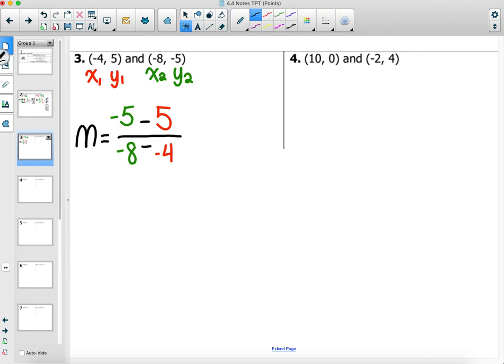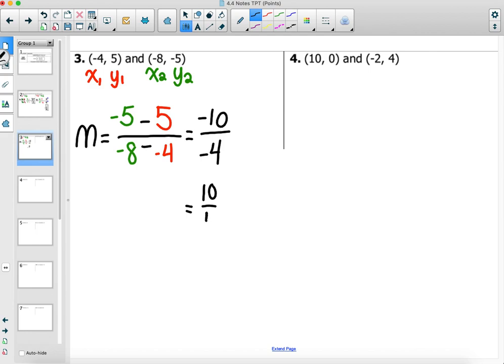We look to simplify the top first. Negative 5 minus 5 is negative 10. Then we simplify the denominator, the bottom part. Negative 8 minus a negative 4 gives me negative 4. And then what I'm able to do here, we know that 2 negatives reduce to a positive.